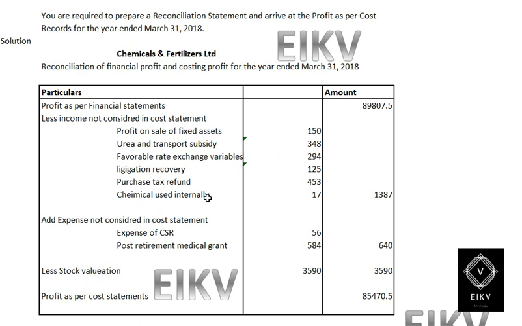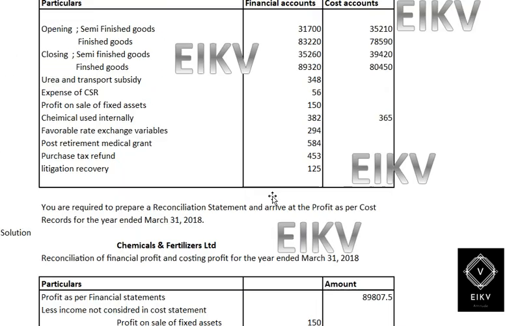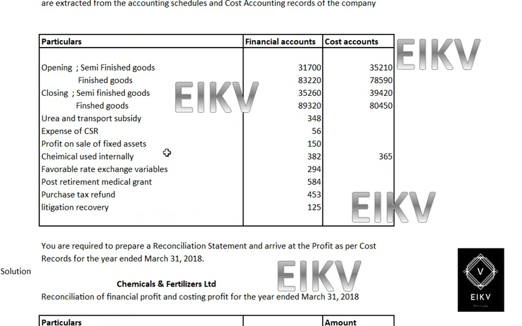Okay, for chemicals used internally, we have been given an amount of 17. The 17 amount is nothing but when we deduct 365 from 382, we will get an amount of 17. So here, for chemicals used internally, we have an extra cost of 17, or the cost is more in financial statements, right?